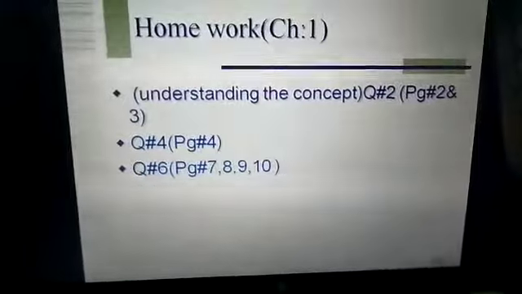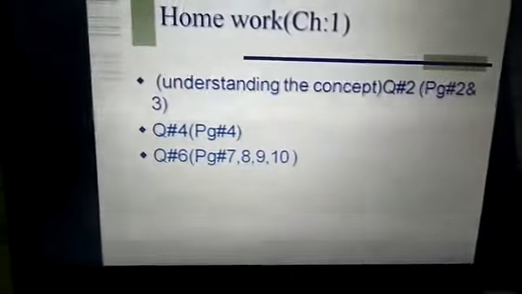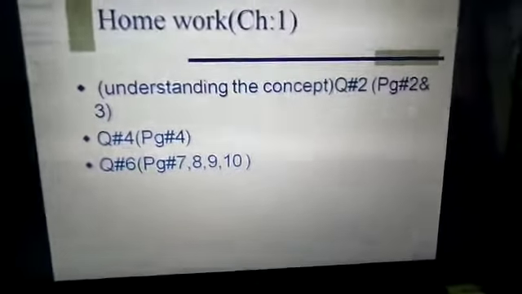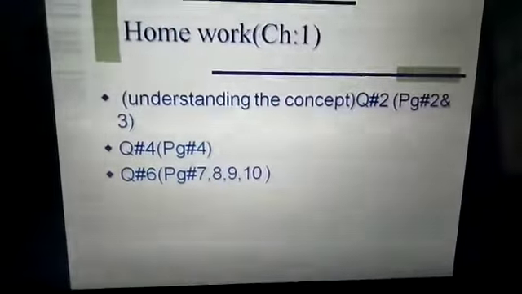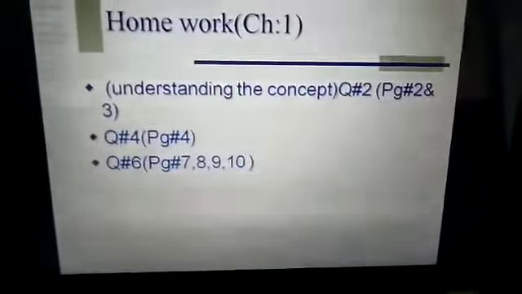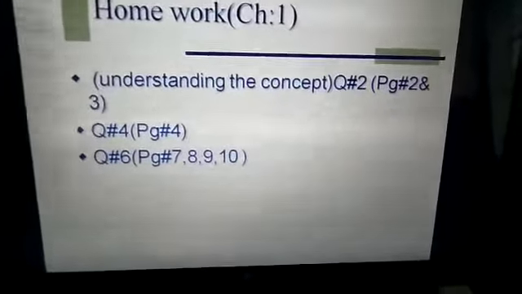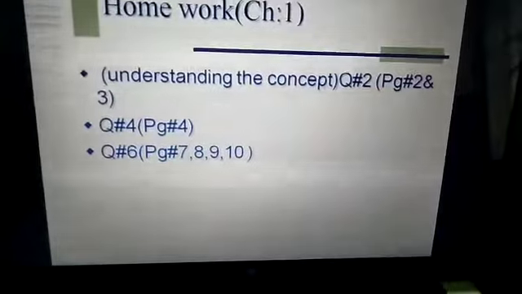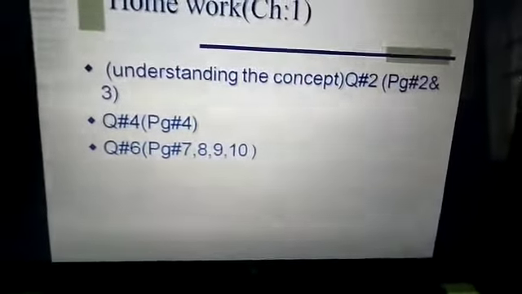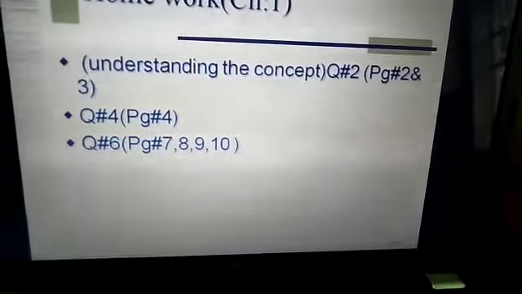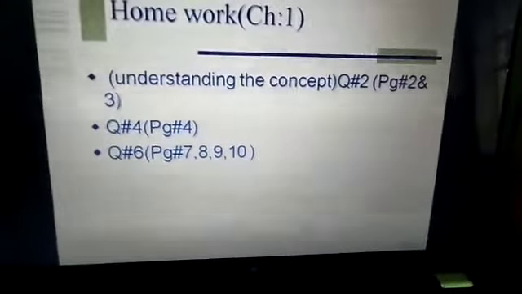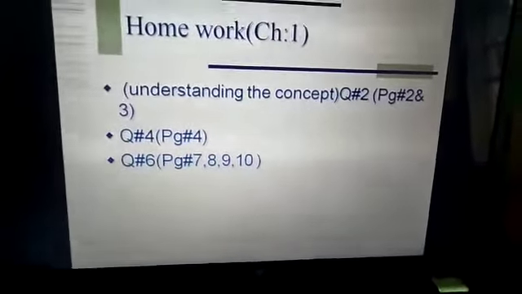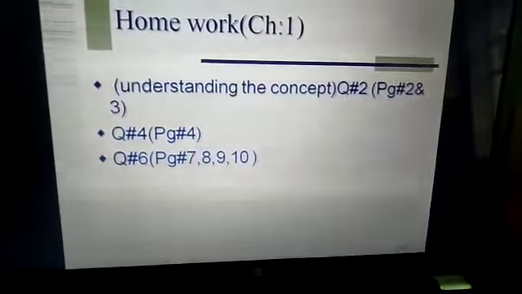Now come to the homework. As you know, our first chapter ends and we have to do understanding the concepts. Question number 2 is present in your exercise and you have to note down the answer of that question from pages 2 and 3, which include biology and divisions of biology.